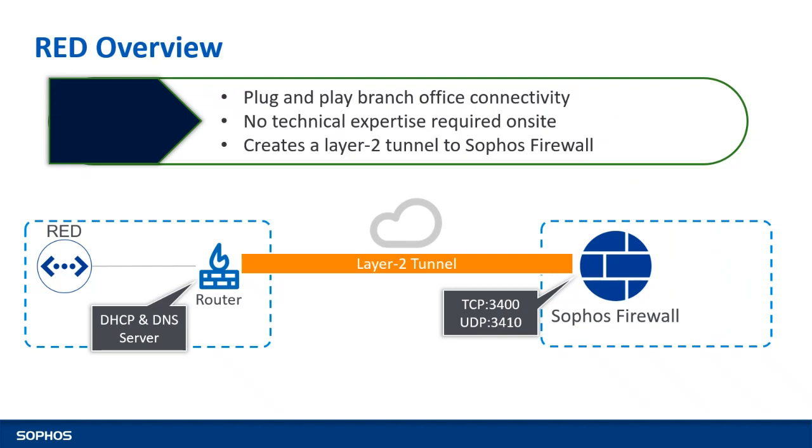At the remote location, the RED requires one power connection, obviously, a network connection, a DHCP server to provide an IP address, DNS server, and default gateway, and TCP and UDP ports 3400 open in the firewall.